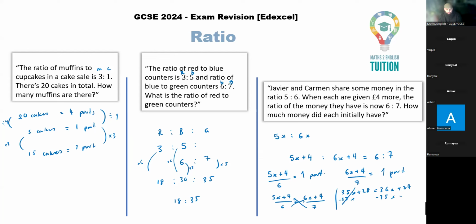I'll do the same thing on this side: minus 24, minus 24, and I cancel this out. So 4 is equal to x, so the scale factor is 4. When I put 4 back in, 5 times 4 and 6 times 4, I'm going to get that Javi had £20 and Carmen had £24. And that's the answer.